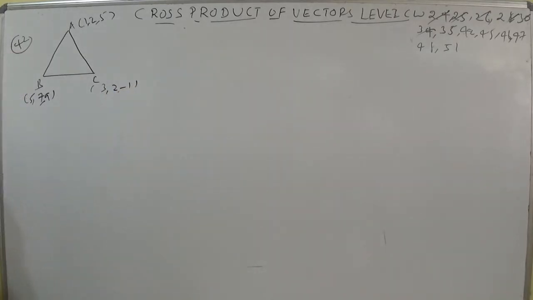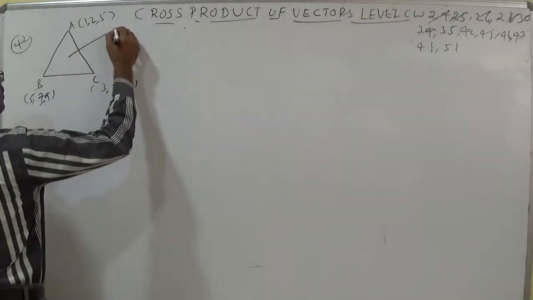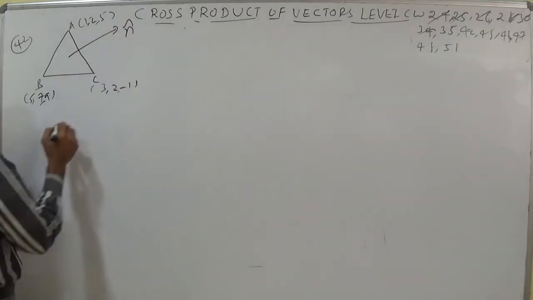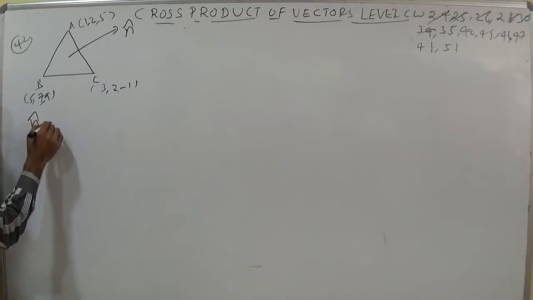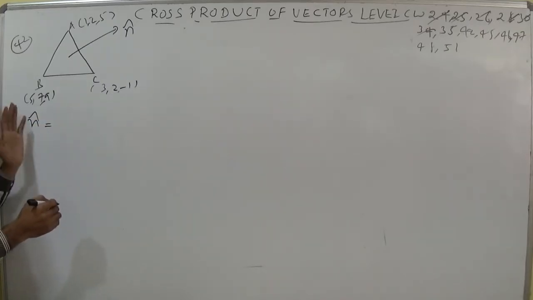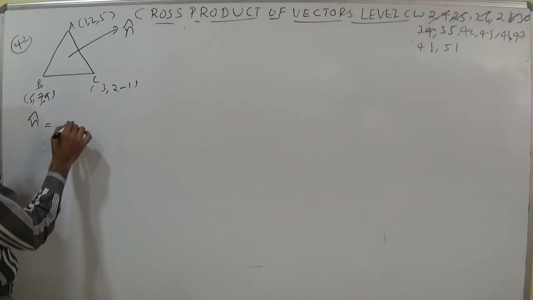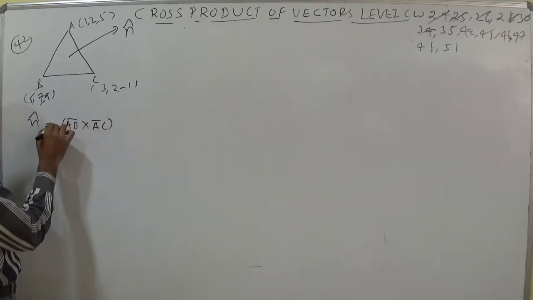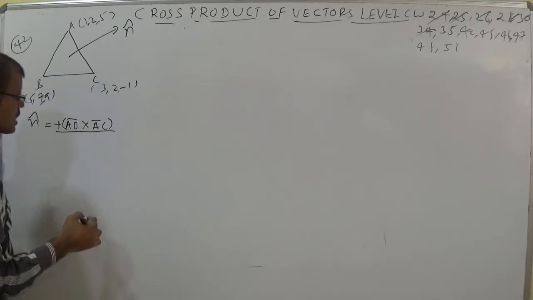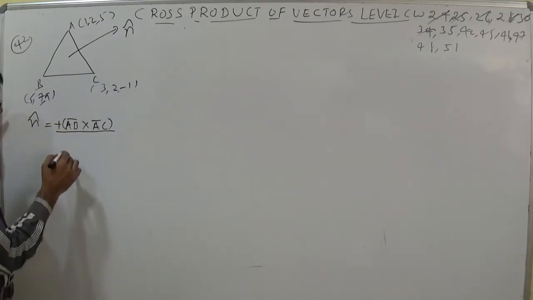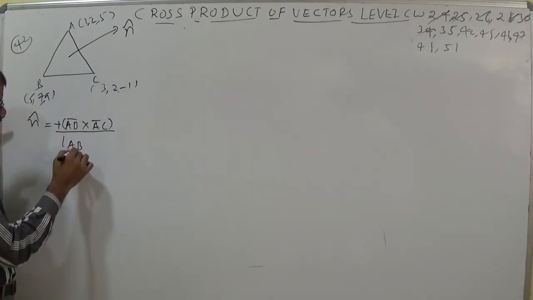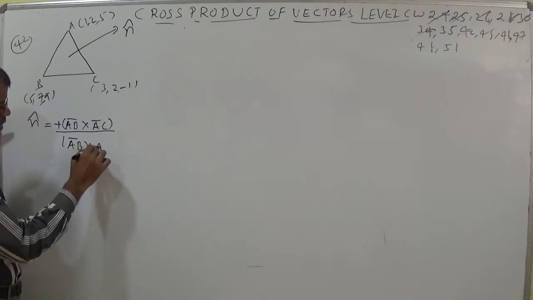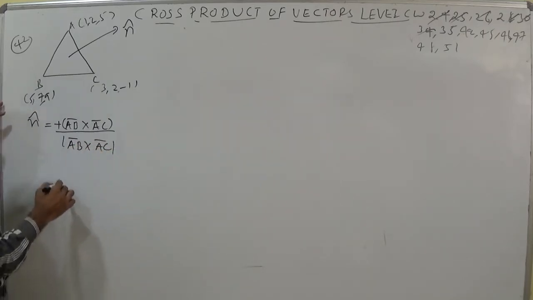Now we should calculate the unit vector. The normal unit vector is indicated with the letter N, the unit vector perpendicular to both AB and AC, by the formula AB cross AC. If he is asking plus or minus, we put plus or minus also: N cap equals plus or minus AB cross AC by the modulus of AB cross AC.